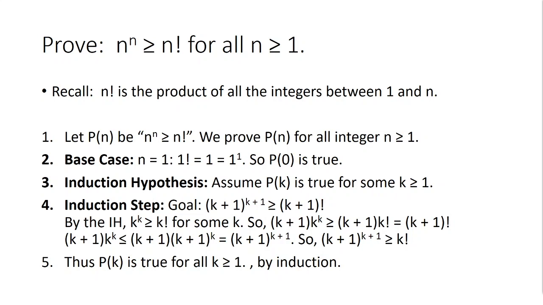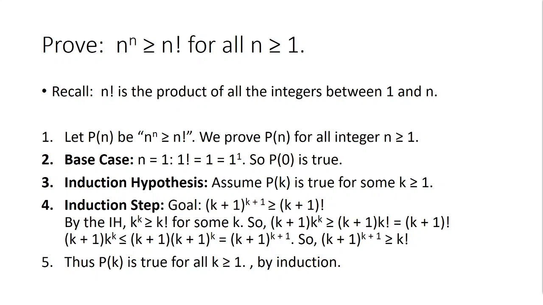Next example is n to the nth power is greater than or equal to n factorial for all n greater than or equal to 1. As you know, the factorial is the product of all the integers between 1 and n.